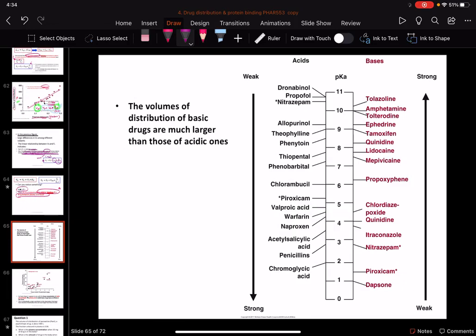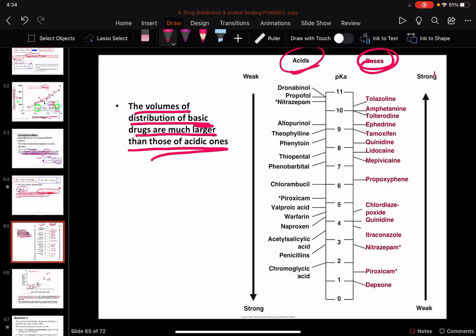And again, the volume of distribution would be different for bases compared to acids, because we have different ionization profiles for each one of them, but it was found that the distribution of basic drugs is usually much larger than for weak acids.